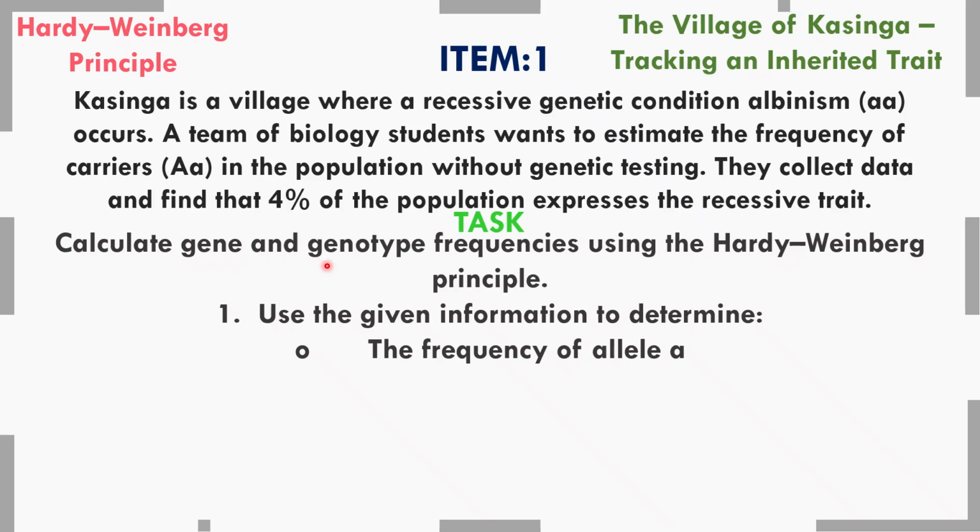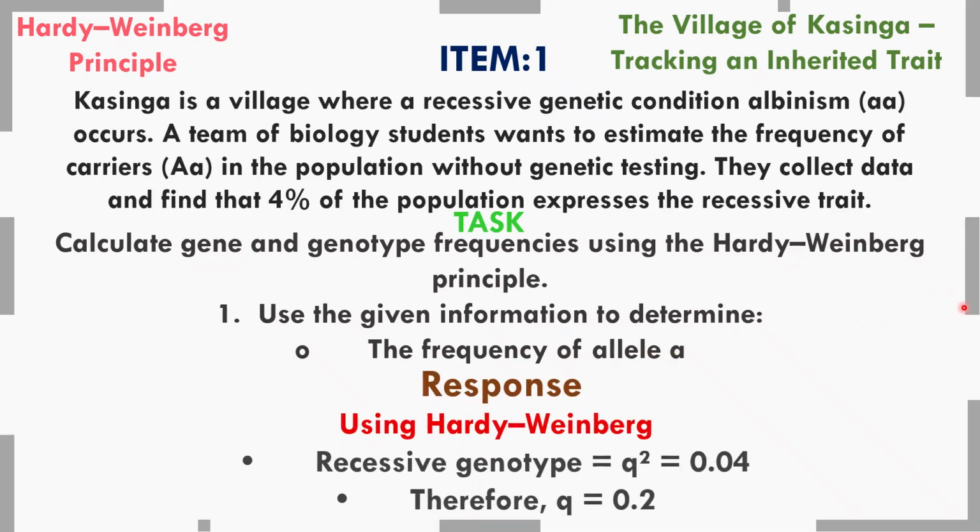Calculate the gene and genotype frequency using the Hardy-Weinberg principle. Use the given information to determine the frequency of allele a. Using Hardy-Weinberg, the recessive genotype is represented by q squared, which is equivalent to 0.04.